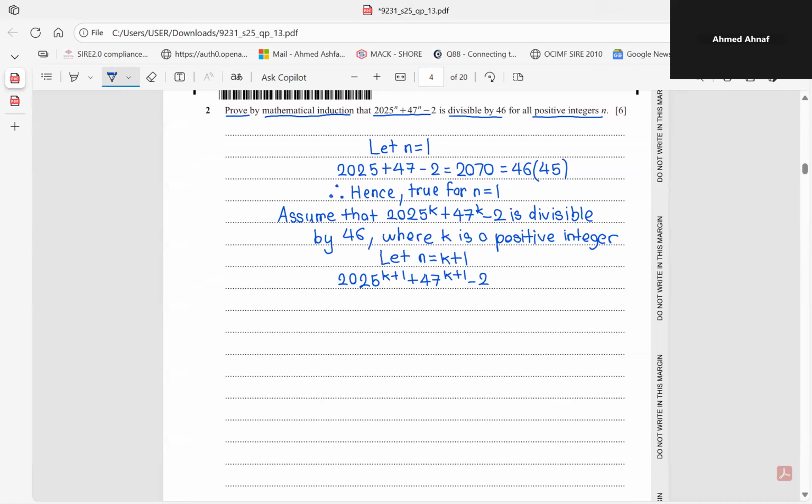Okay, so this is where the process gets slightly different. For divisibility, you have to find the difference between the case where n equals k plus 1 and the case where n equals k, or you can find the sum of it. Let's do a simple example. You want to prove that 6 is divisible by 2, and you know that 2 is divisible by 2.